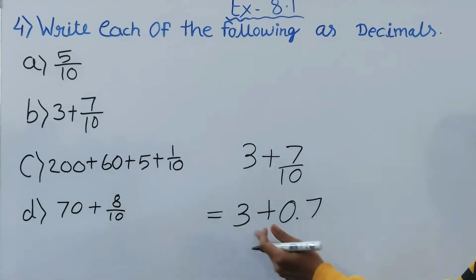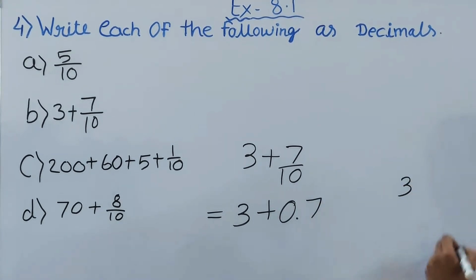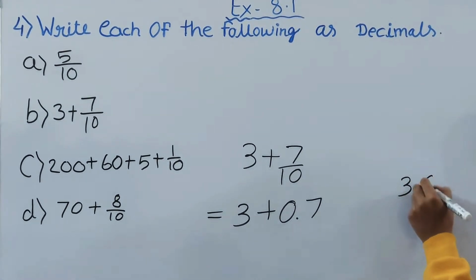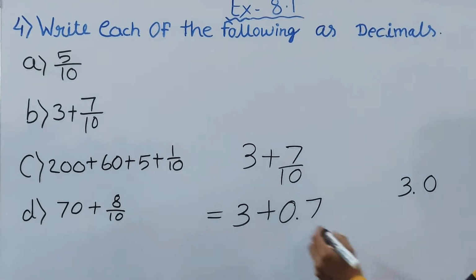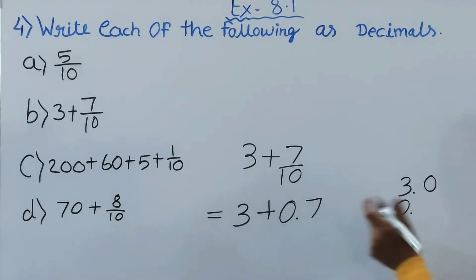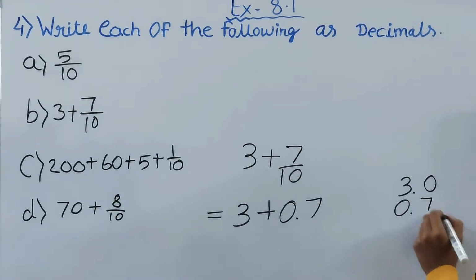Alright. Now let's see how we will add them. First let's take this 3 over here, and there is no other digit after 3. So to complete this we will put a point and then a 0. Now let's write this decimal also. The 0 will be in the ones place, so we will put this here, and 7 is in the tenths place, so we will put 7 here.